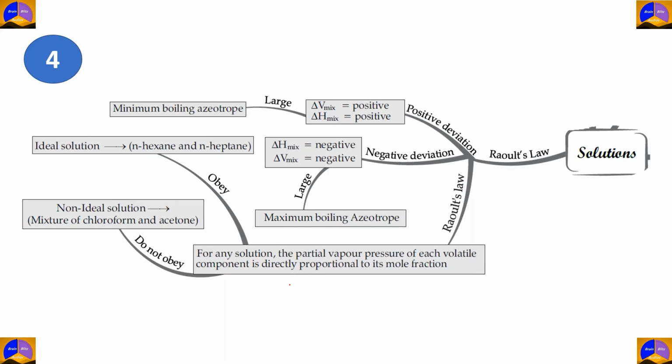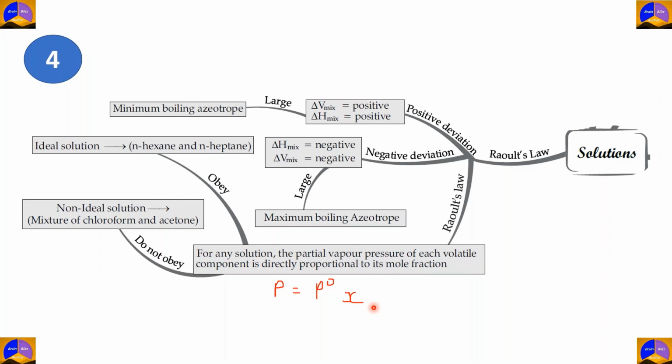The formula for Raoult's Law is P is equal to P naught into X. P stands for partial vapor pressure in the solution, and P naught stands for partial vapor pressure of the pure component, whether it be a solute or a solvent, and X stands for mole fraction of the said component.